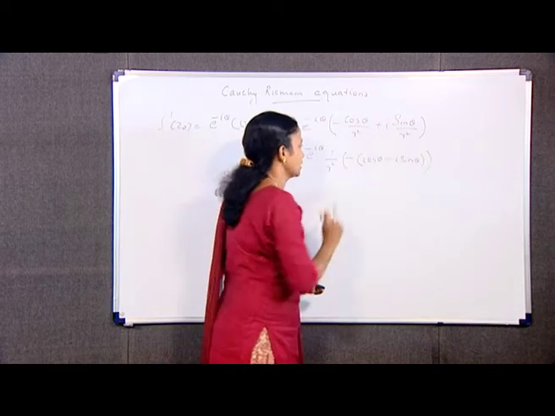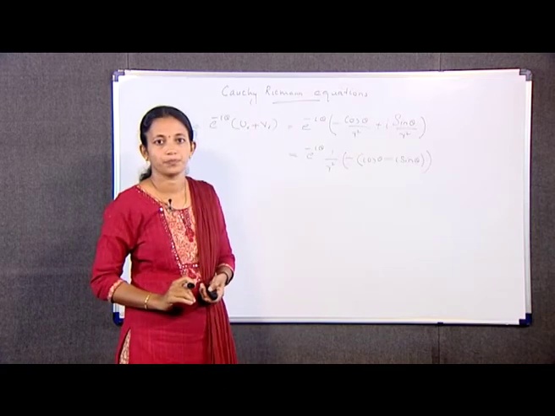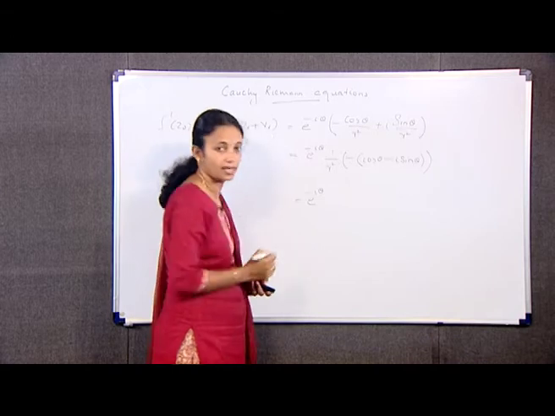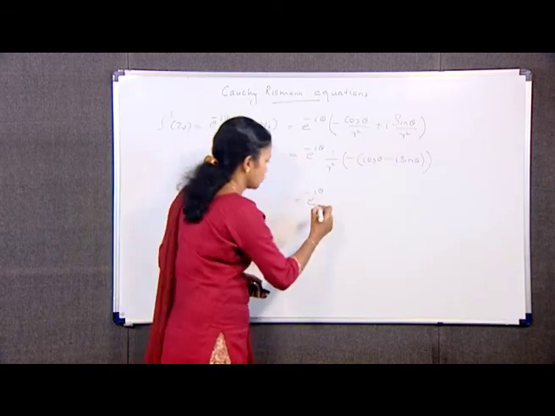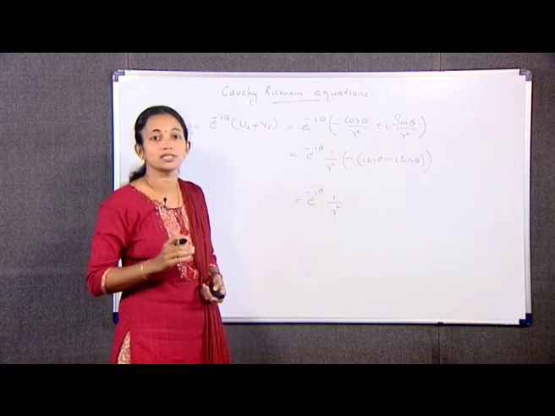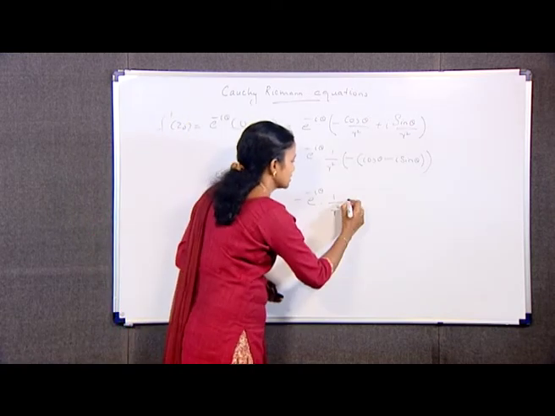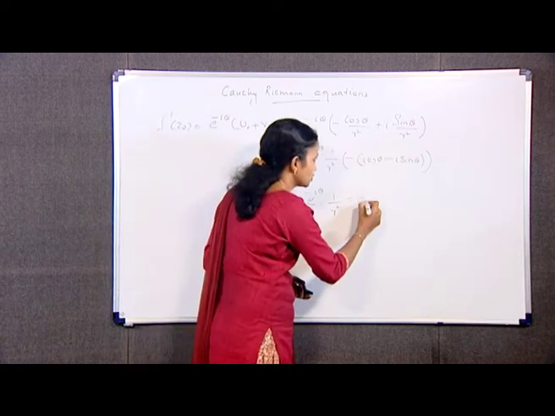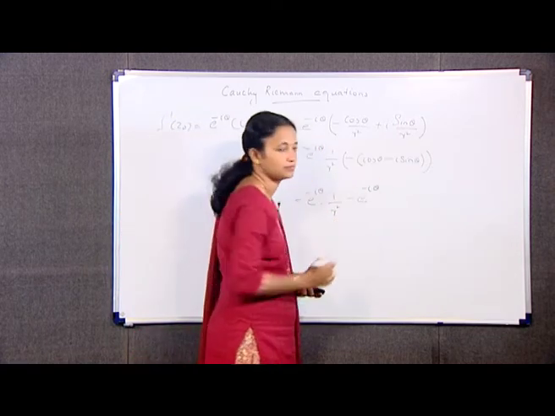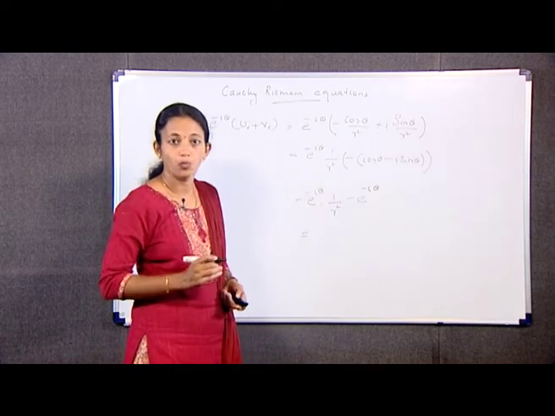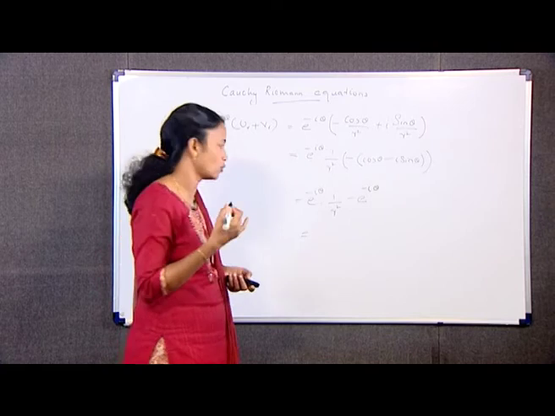So, here are two brackets, which is equal to e raised to minus I theta into 1 by r square, minus of cos theta minus I sin theta, it is equal to minus e raised to minus I theta, or which is equal to 1 by r e raised to I theta whole square.